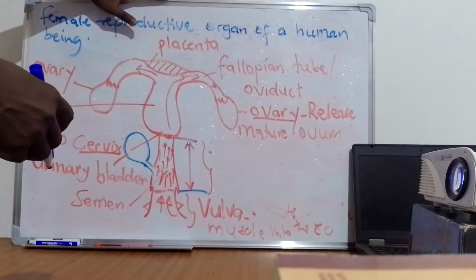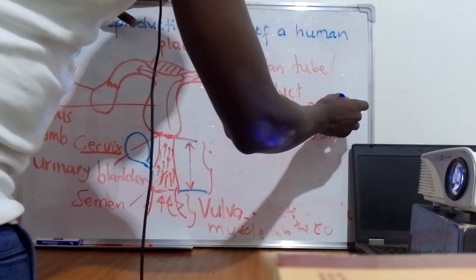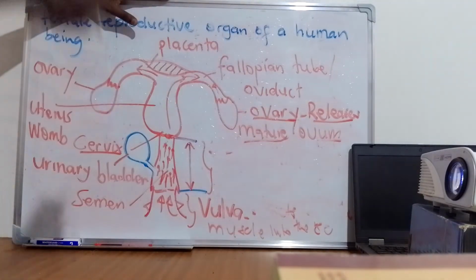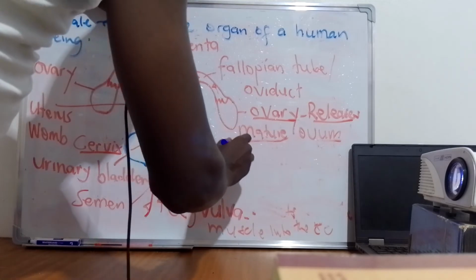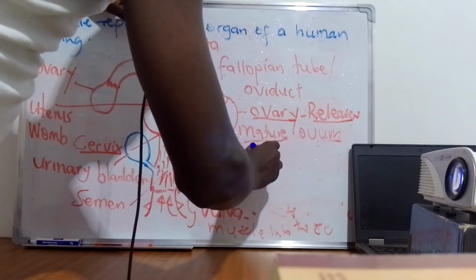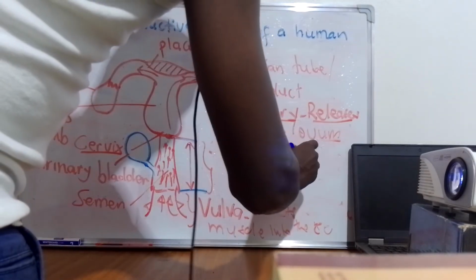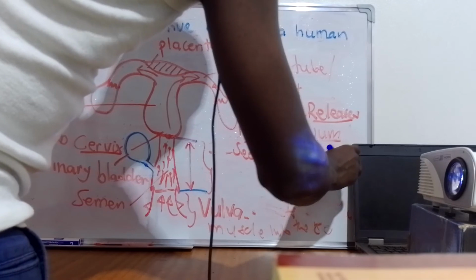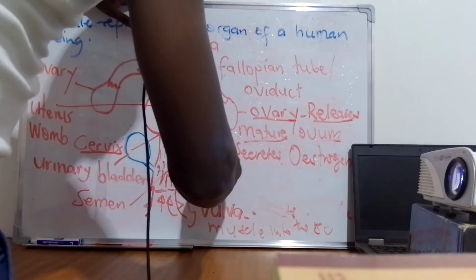We are talking about the function of the ovary. The ovary releases a mature ovum. Next, the ovary secretes the hormone called oestrogen, and another hormone called progesterone.